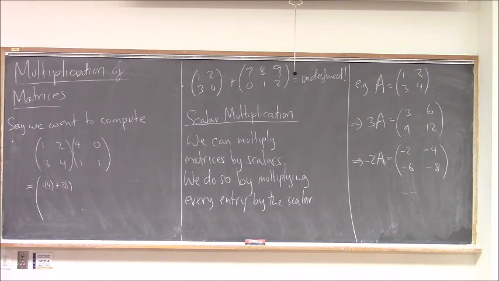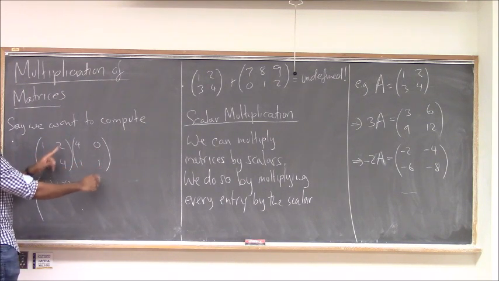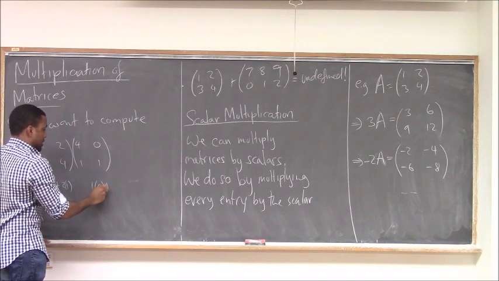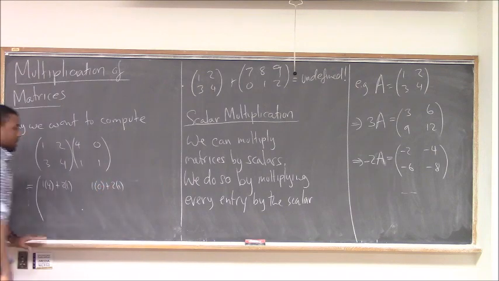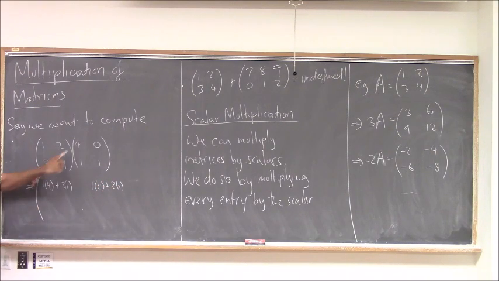And that is in the top left. Then you're going to do the 1 times the 0 plus the 2 times the 1. Then you're going to do the 3 times the 4 plus the 4 times the 1. Then you're going to do the 3 times the 0 plus the 4 times the 1.